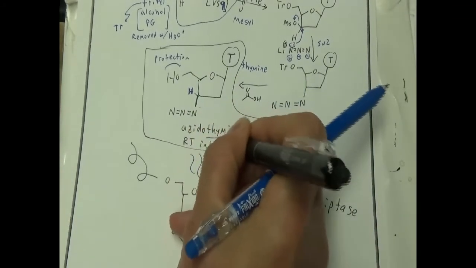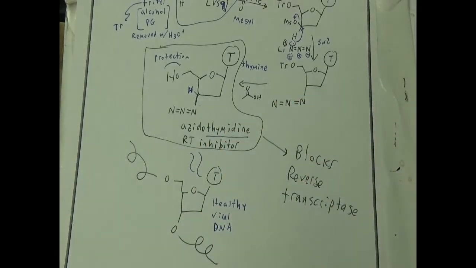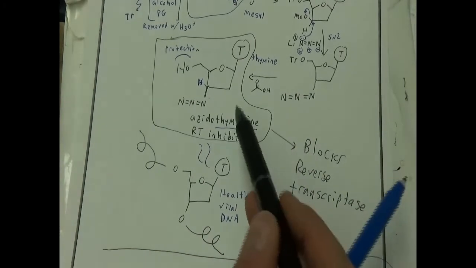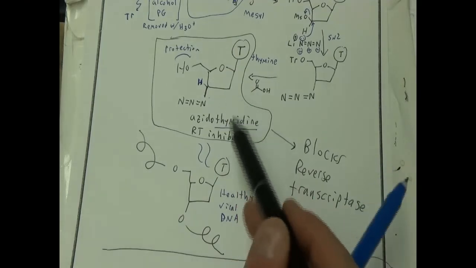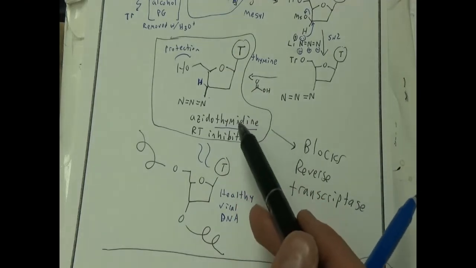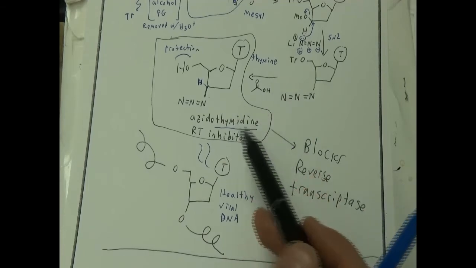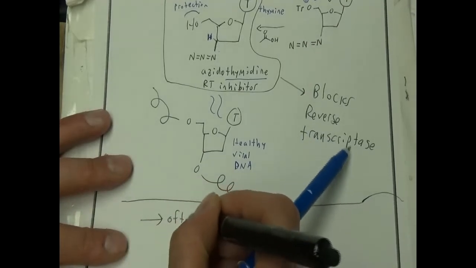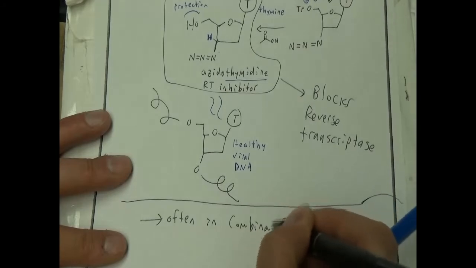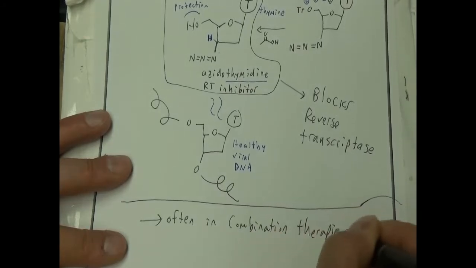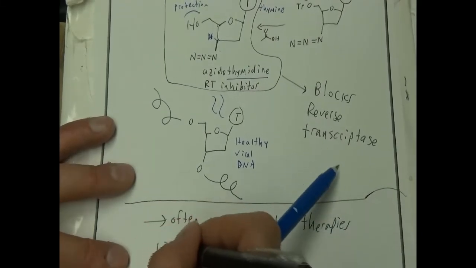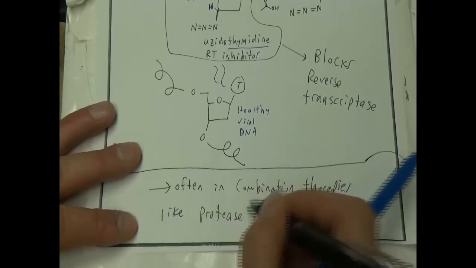Okay, so we're cool so far. Let's see what else. I'm going to overview viral gene expression in a second, but before I do that, I'll say this stuff is a little bit toxic, and it was one of the earlier HIV drugs, now replaced by protease inhibitors and other types of HIV inhibitors, but it is still used, and it's often used in combination therapies with other HIV drugs, like protease inhibitors, and we'll talk about protease inhibition more later in the course also.